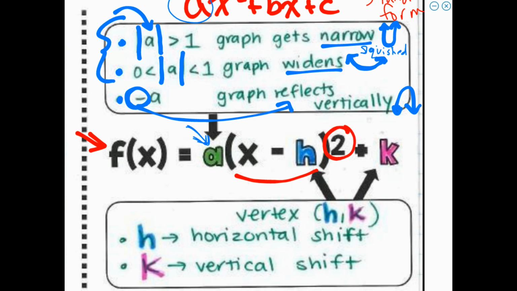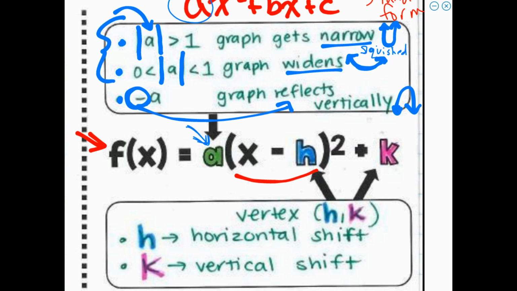So it's going to have the power of 2. When we talked about linear functions, they looked the exact same way, except we didn't have a power of 2, right? You could write them this way when you were talking about transformations. That's the difference here between the quadratics and the linear, as the quadratics do have that power of 2.